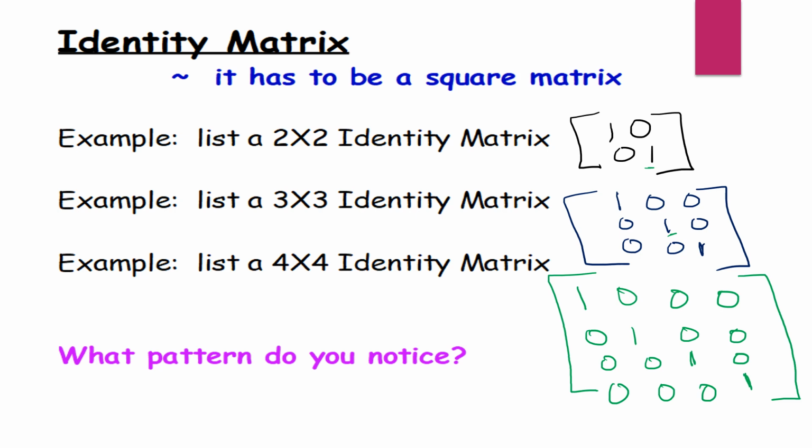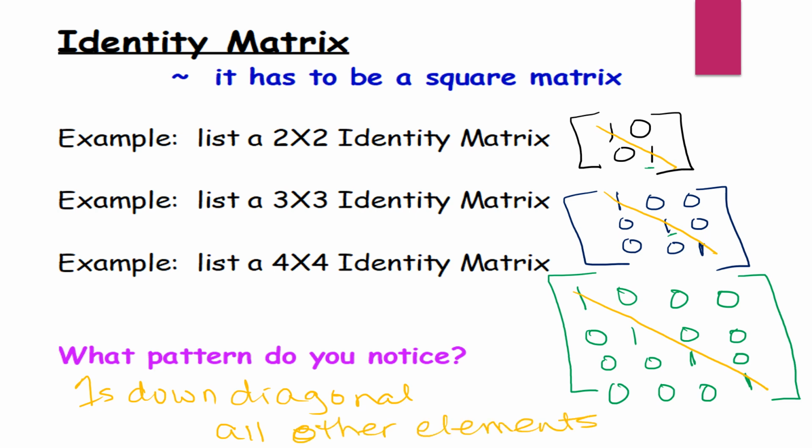So hopefully you've looked at each of them and compared and noticed that you have 1s down the diagonals from the row 1, column 1 to the opposite side, from the very first element to the very last element. You have 1s down the diagonals, and everything else is a 0. All other elements are zeros.